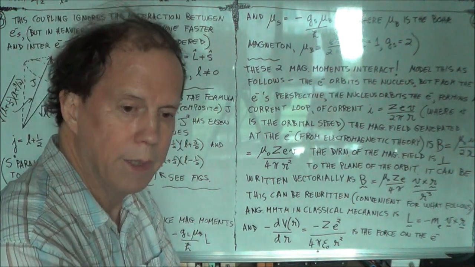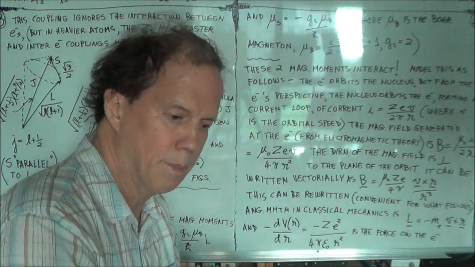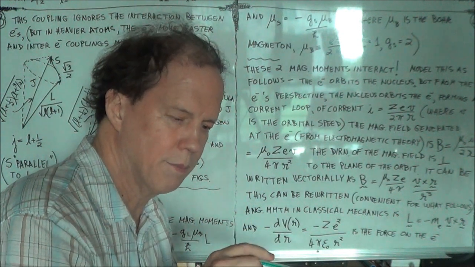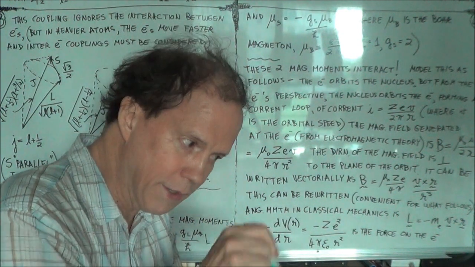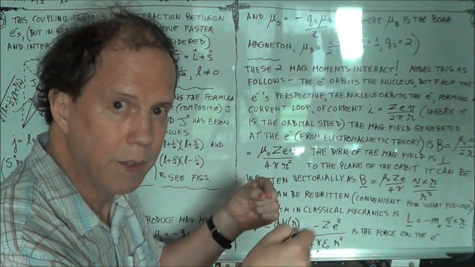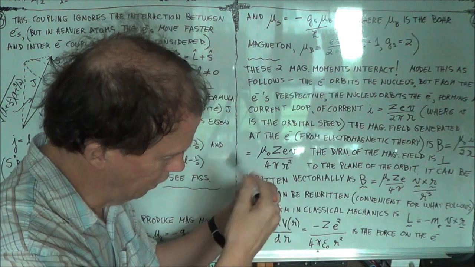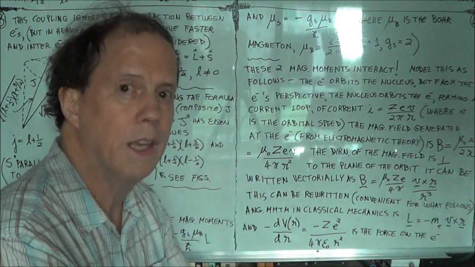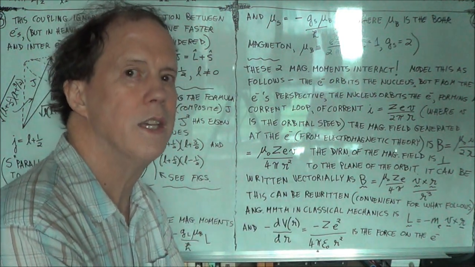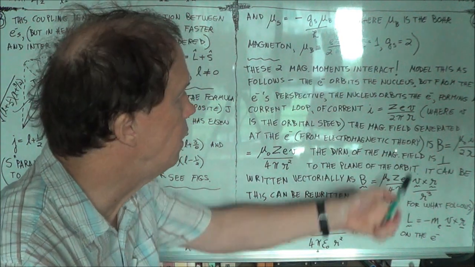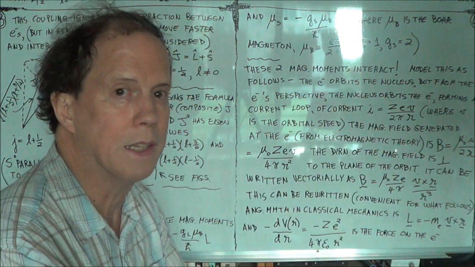Okay, so from the point of view of the electron, the nucleus is whizzing around the electron. Like here's the electron. It has a charge of Ze, where e here is the magnitude of the charge on the electron.